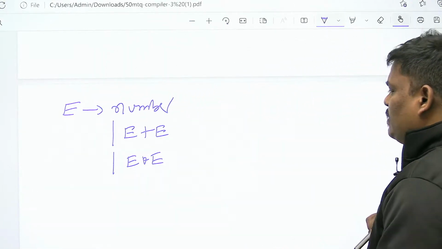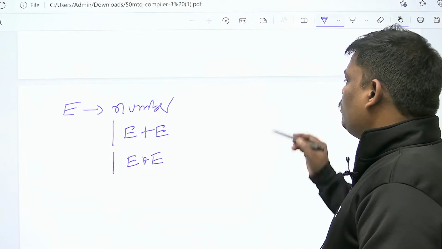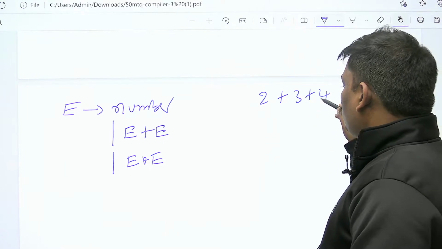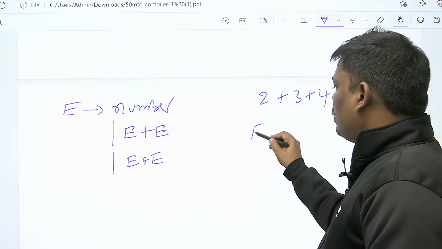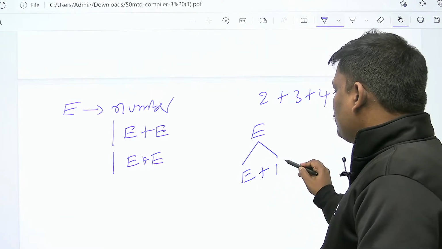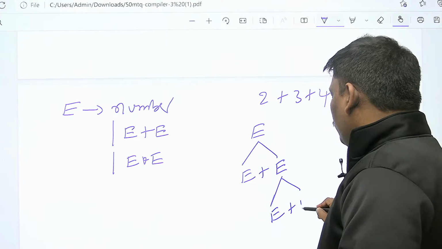You know very well it is an ambiguous grammar. Assume that I want to generate 2 plus 3 plus 4. So I think 2 parse trees are possible. What is the way? E goes to E plus E, and I can expand left also, I can expand right also.